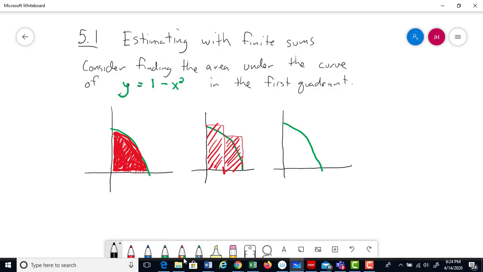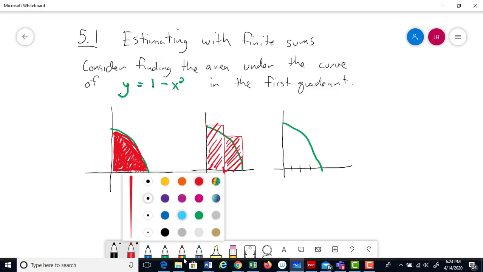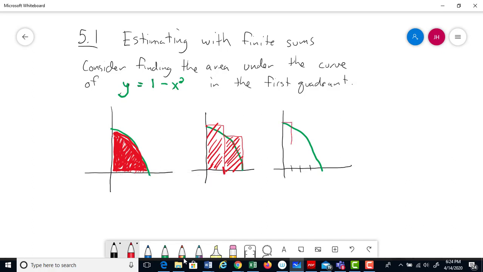So what I'm going to do is partition this into 4 slices. So 1, 2, 3, 4. So 4 slices. Then if I use these rectangles, here, I don't want that to be so big. So something like 1 rectangle, then another rectangle, and then another rectangle, and then your last rectangle.